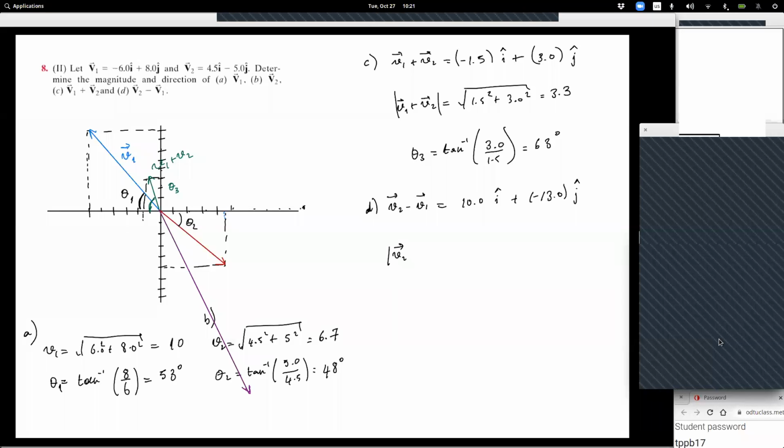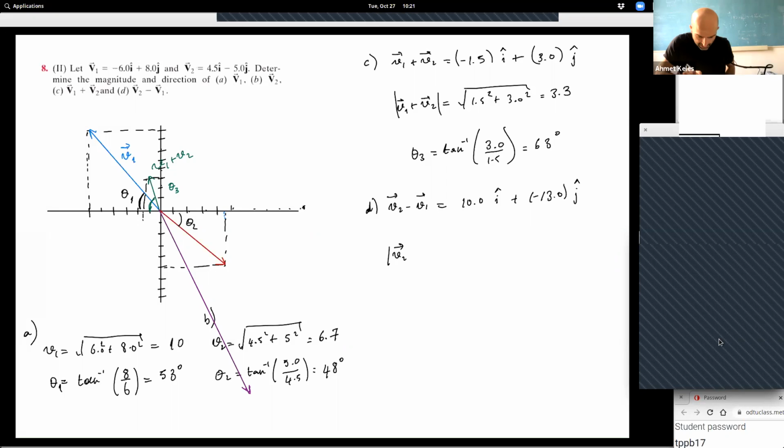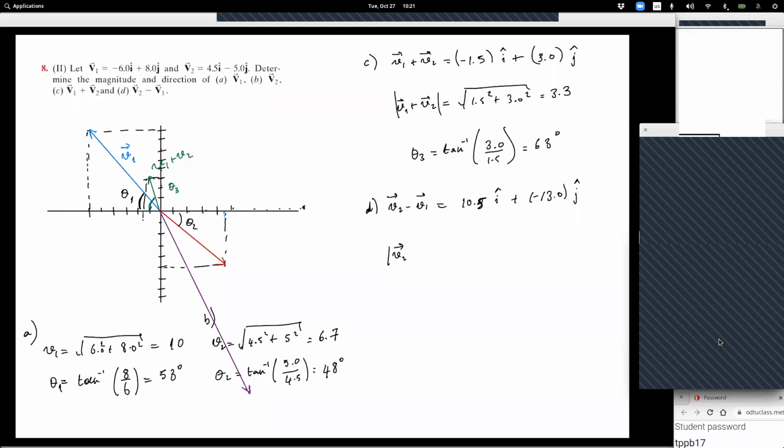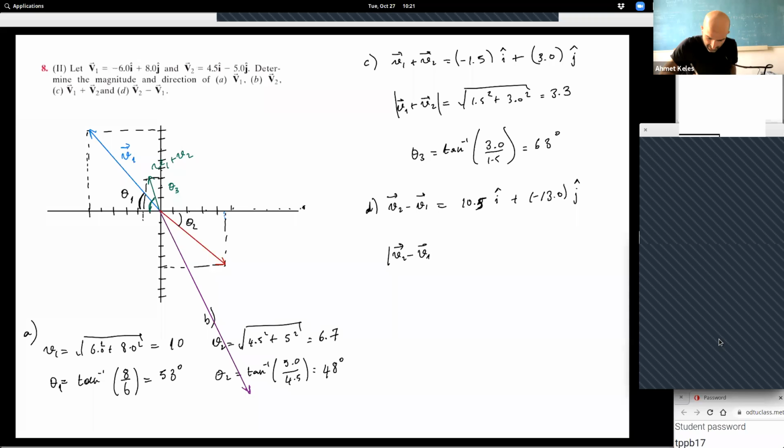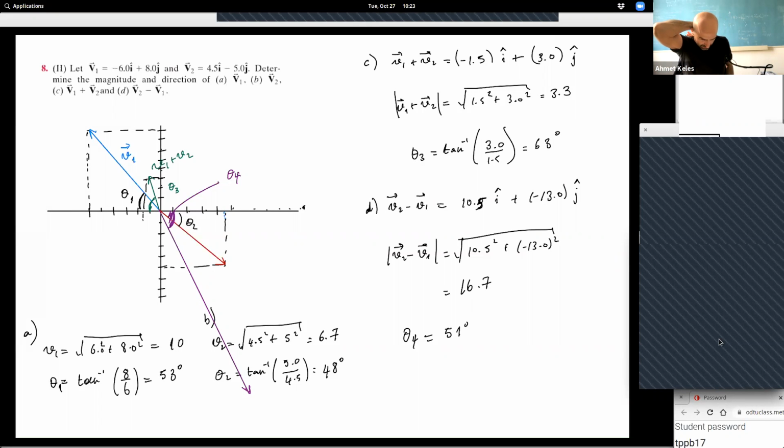I think it's 10.5, not 10. Oh, yes, thank you. It's 10.5. So this is V2 minus V1. And if we take square root, actually 16.7. And the angle theta 4 maybe is theta 2, so that makes sense. And I can box all these in if you like.